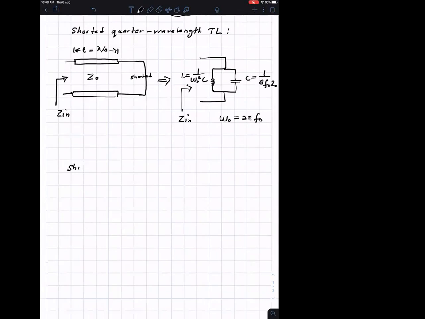Similarly, consider a shorted half wavelength transmission line.